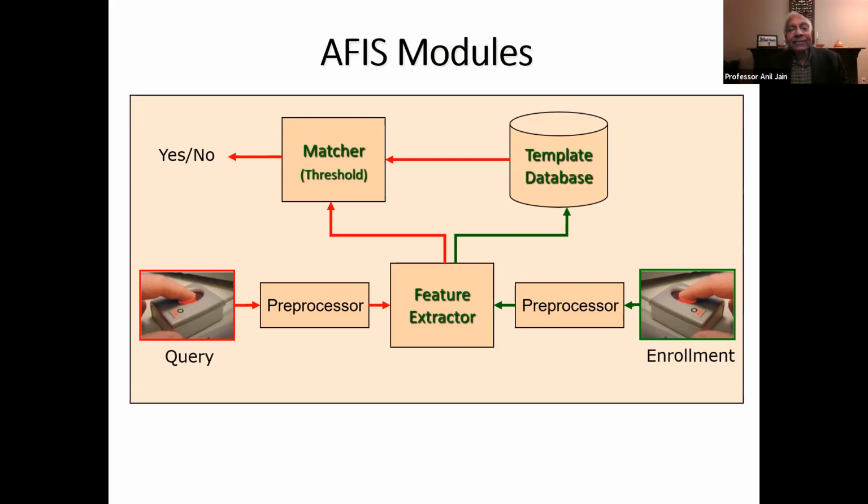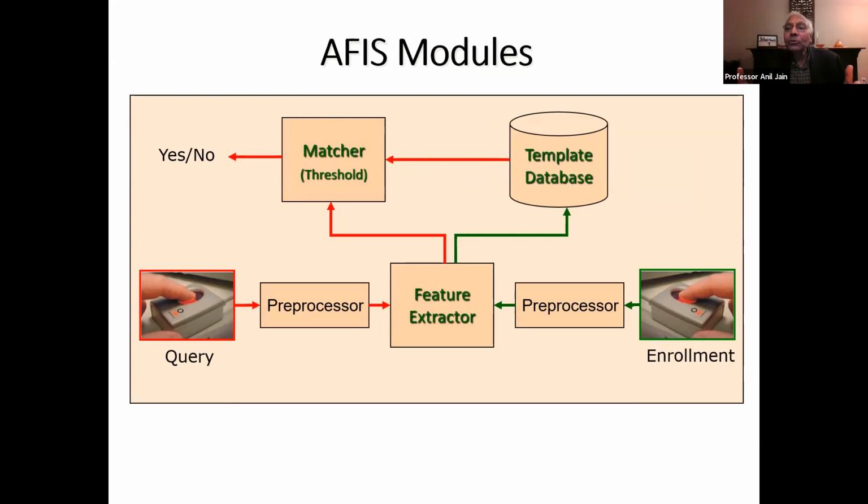When we want to recognize somebody, the person provides the fingerprint, that's referred to as the query. It goes through the same process, similar pre-processing, same feature extractor. And now we have a matcher which compares the query image with the database image. If you claim who you are, then only one image is pulled from the template database.